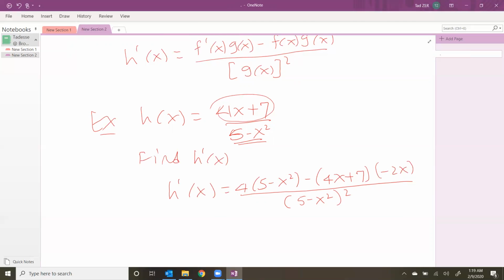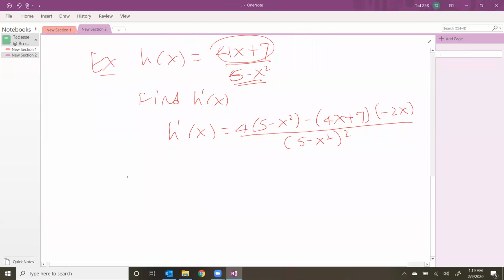If you remember, in the previous video I talked about the derivatives of sine, cos, and e to the x. Using this quotient rule, you can find the derivative of tan x, for example, the trig function. How do you find that?